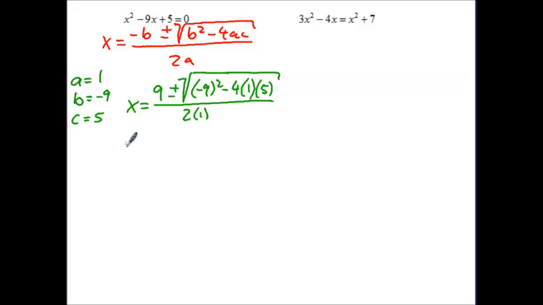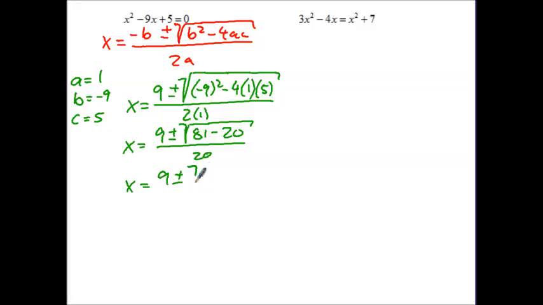Let's just continue simplifying. x is equal to 9 plus or minus the square root of 81 minus 4 times 1 times 5, which is 20, over 2. x is equal to 9 plus or minus the square root of 61 over 2.